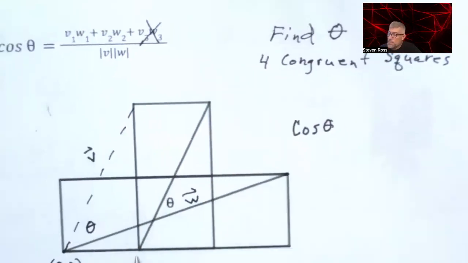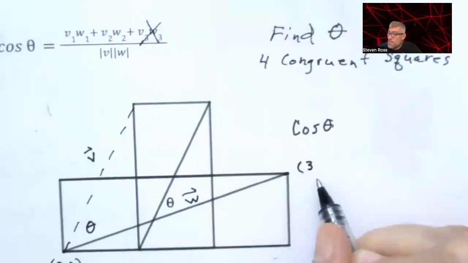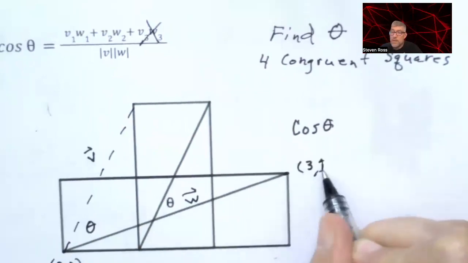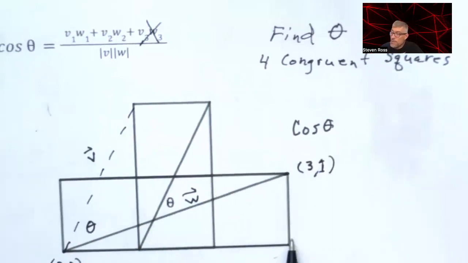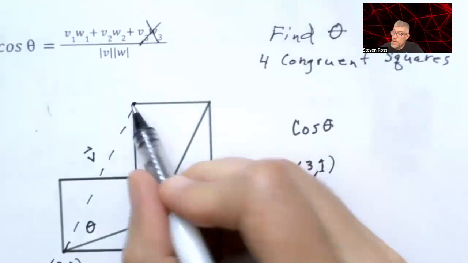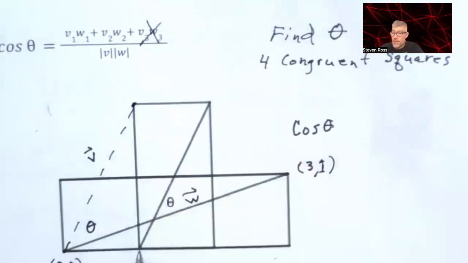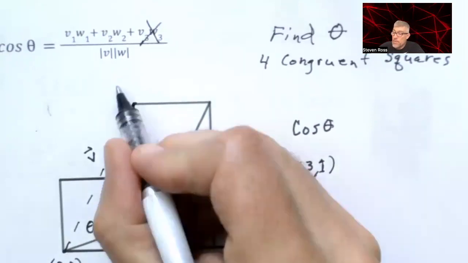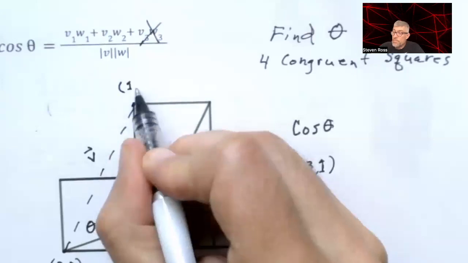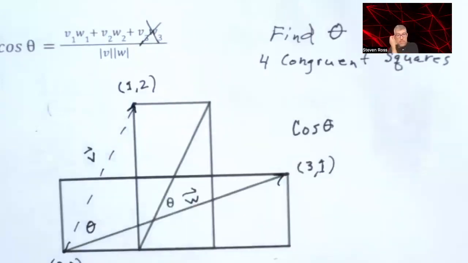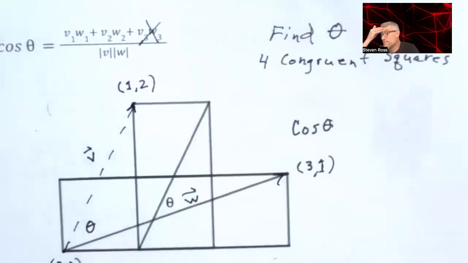And so this one terminates at 3. So it's over 3 and up 1. And this one terminates at over 1 and up 2. There we go.